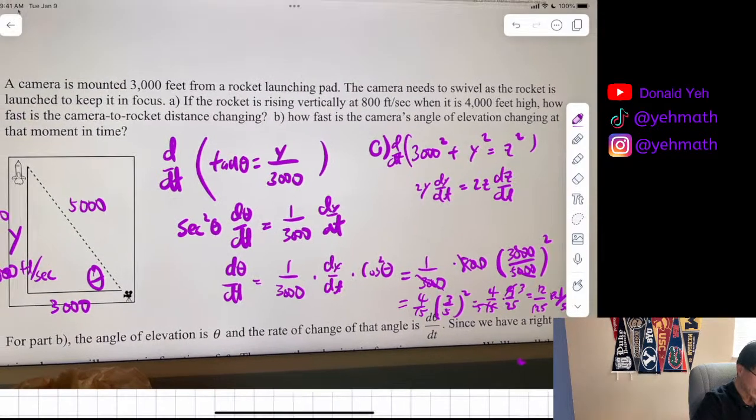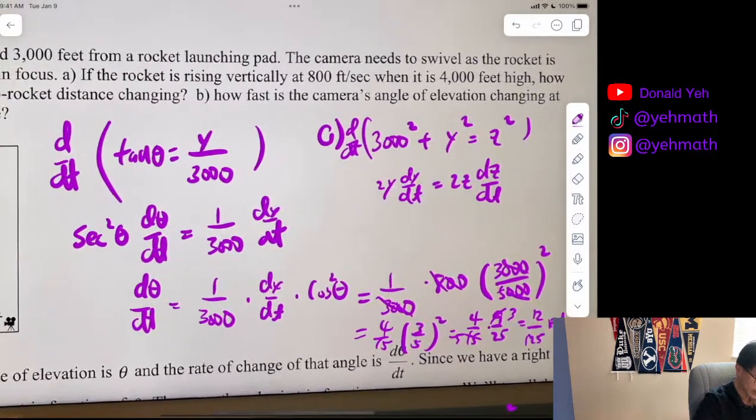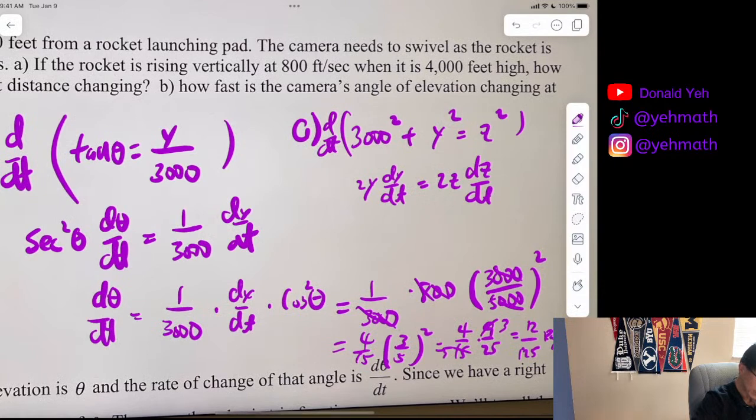We're trying to find the distance between camera and rocket, which is dz dt. So 2y, y is 4000, and dy dt is 800, and equal to 2z, z is 5000, times dz dt.